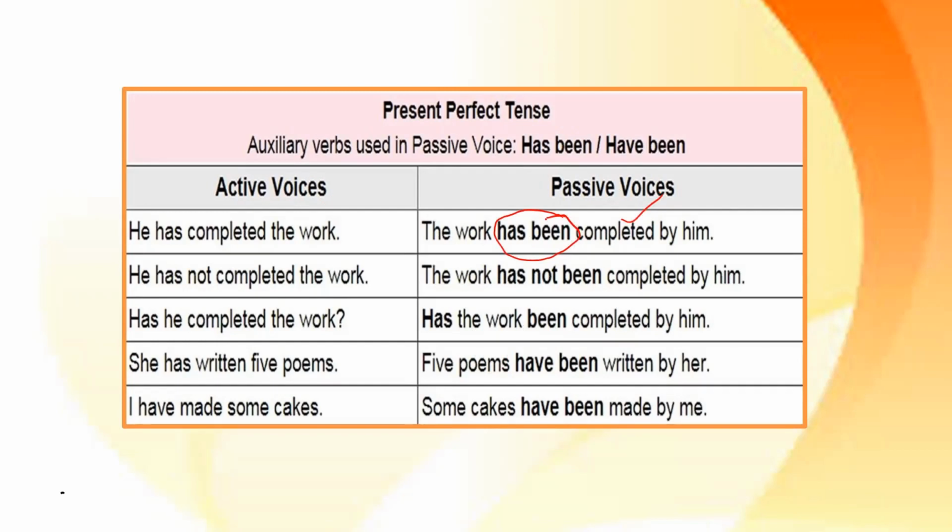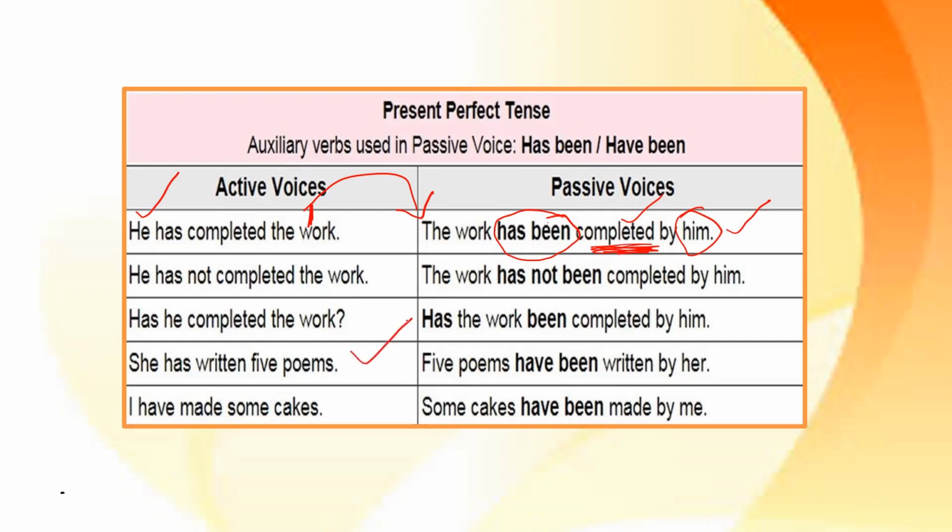The work has been completed by him. See here, the work is the object here, which has become the subject. He is the subject here, became the object. And has been is the helping verb. And the main verb in passive voice, completed, is the past participle form of the verb complete.